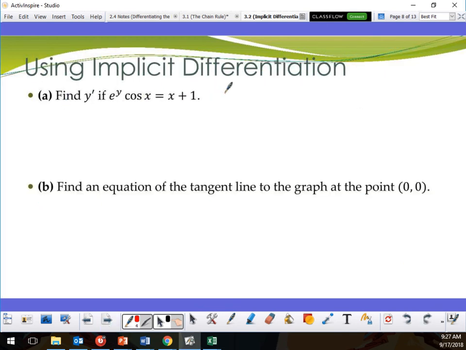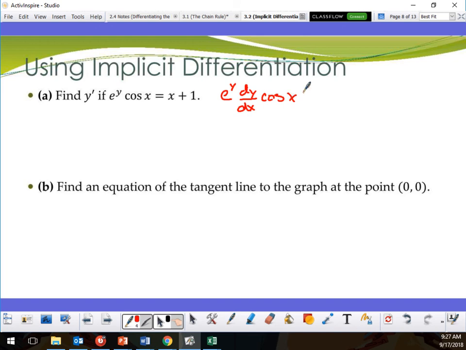All right. So, we're going to have product here. So for right here, it would be product. So my f prime, so it would be e^y dy/dx cosine of x, right?